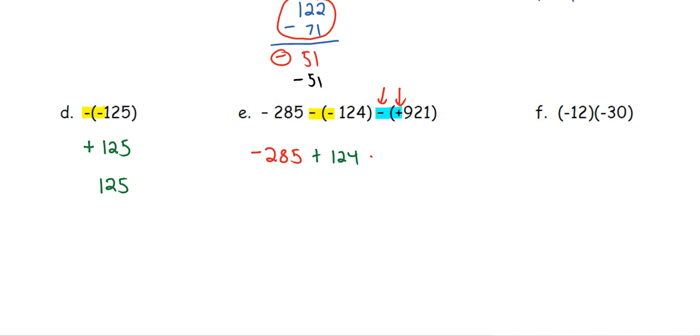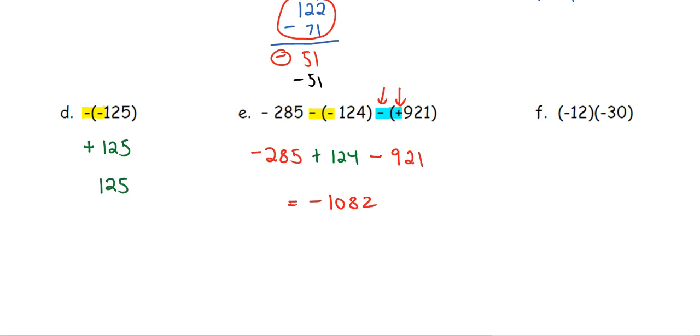So this will be negative 921. Alright, so now that you have the proper signs here, you can simply just compute this. So negative 285 plus 124 minus 921 will give me a final answer of negative 1082.